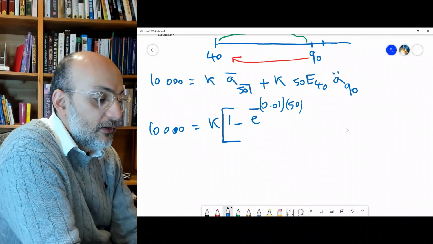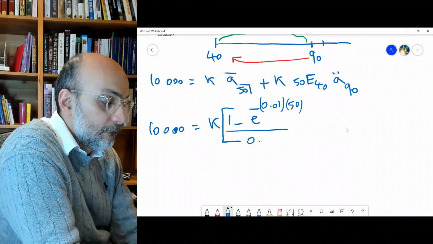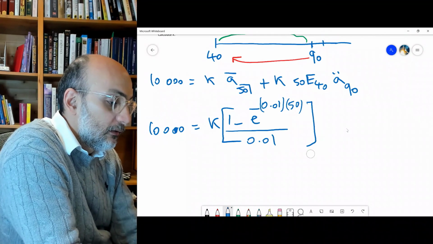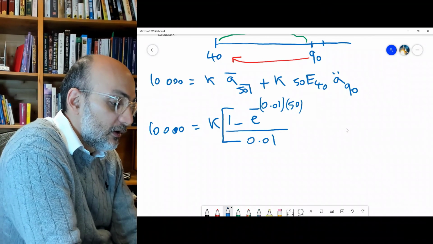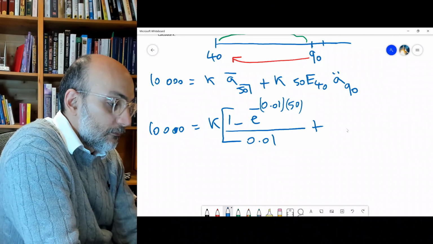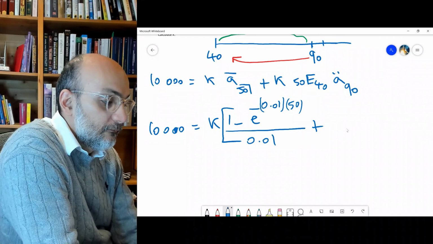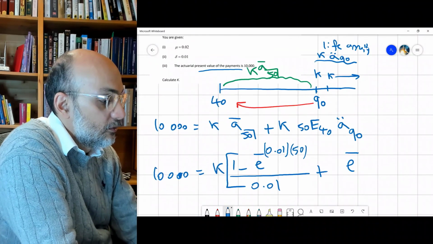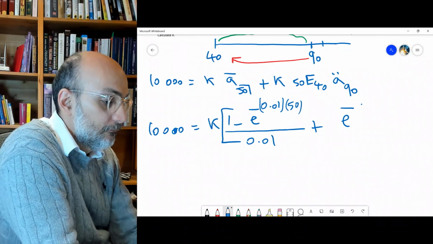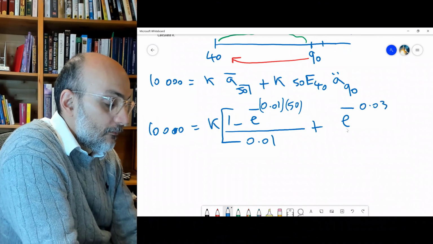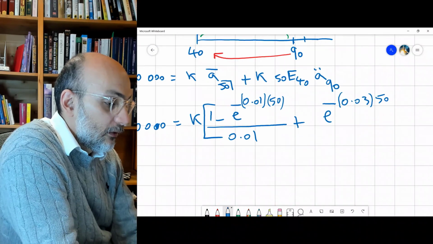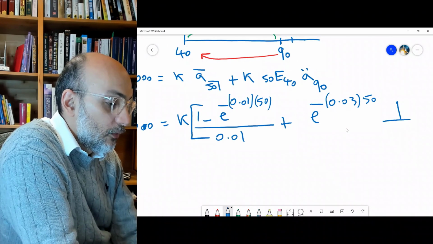There is no mortality here because it's an annuity certain. Actually, we're factoring out the K, so it's okay, plus 50E40. Now for this one we add mu plus delta, which is 3%, multiplied by 50. Now this is the life annuity multiplied by 1 over 0.03.